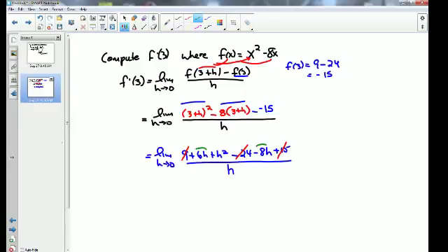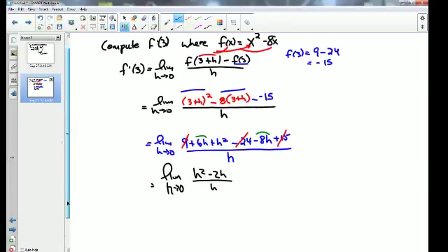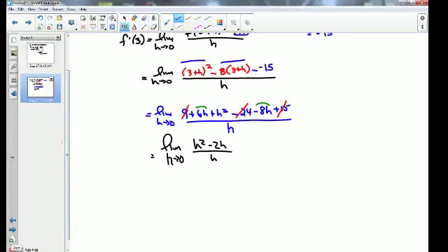6h and 8h, what do we get? h squared minus 2h. And almost there. Now you can see if we factor an h out, right?